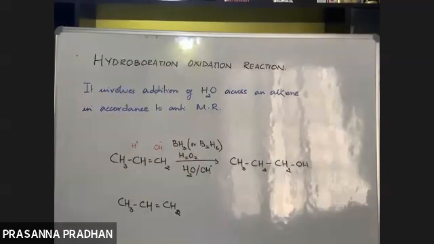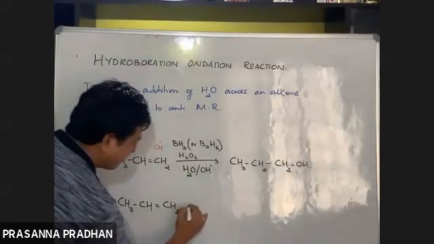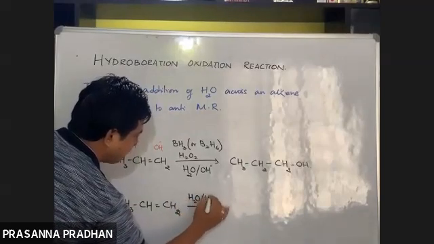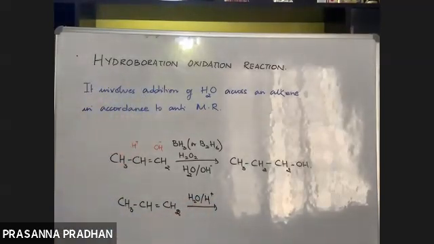Hydroboration oxidation reaction. For example, if I give you this, which reaction is this? The second one, the last one we discussed. This is your acid catalyzed hydration of alkenes.